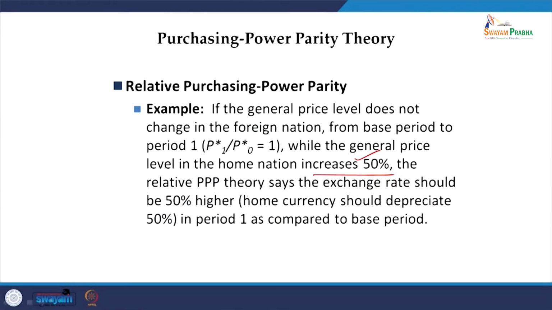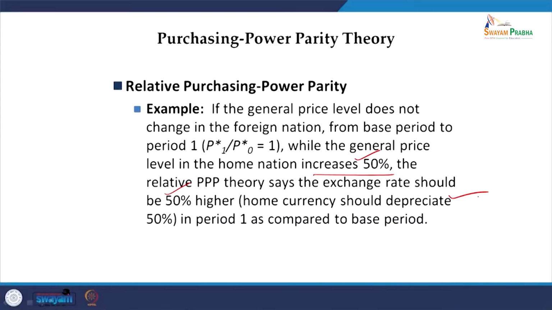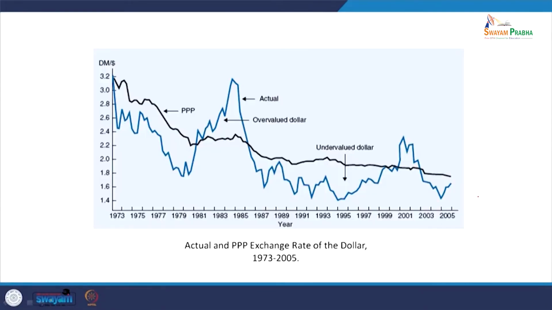In the denominator there is no change in the relative prices and their ratio. So, in terms of PPP theory, the real exchange rate or relative exchange rate will increase by 50%. That means the home currency should depreciate. So, when it is rising, the home currency depreciates by 50% in period 1 as compared to the base period.